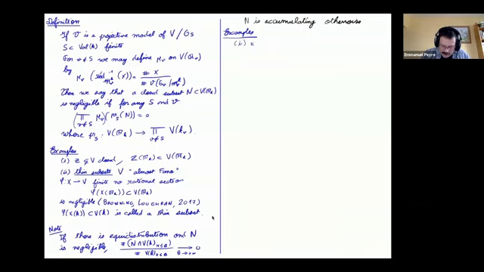So the simplest example, which was known for a long time, is simply if you blow up a point in P2, then the exceptional line, the inverse image of the blown up point, is accumulating. So this was known already, I think, to Serre in 1989, before that.